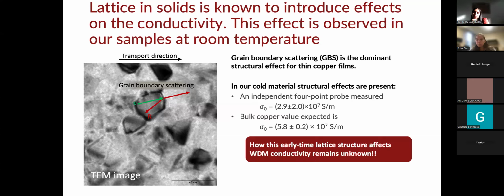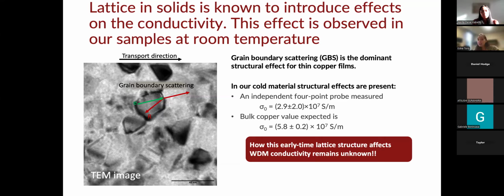Now, this might be a little bit confusing for people about how this is relevant for a plasma or for a system that is in between a plasma. However, we need to explain that this is something that is really well known for condensed matter. And we also know that the lattice in the warm dense matter regime stays present for some time.